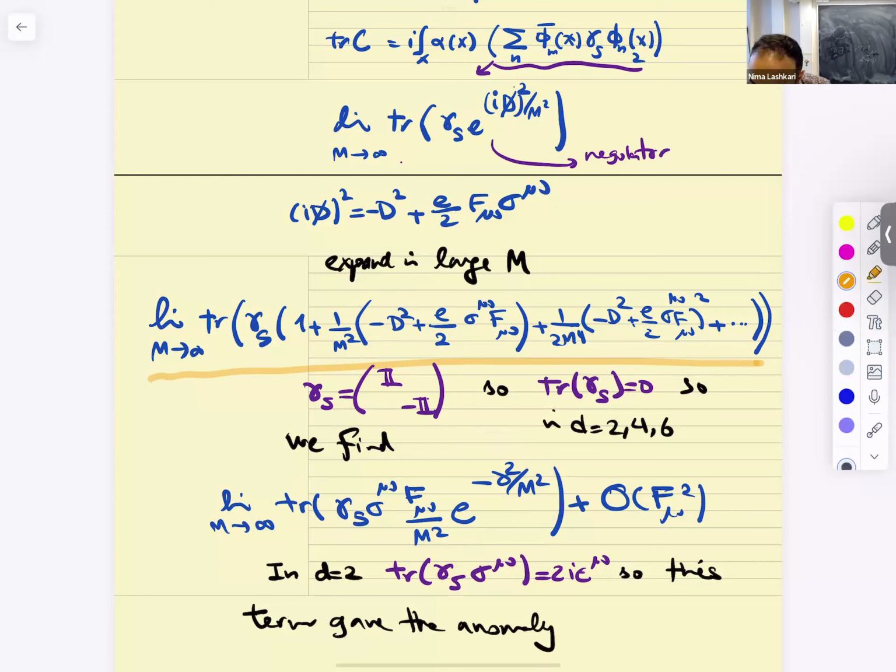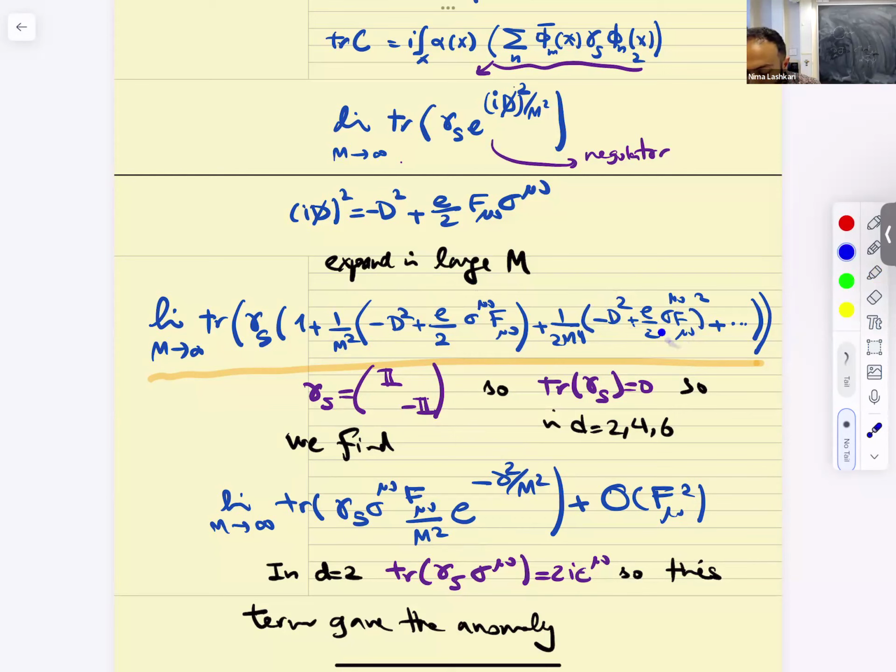Actually, so what are the remaining terms? This term is D squared gamma 5. That term drops out too. Right? So I have this term that remains, because these have epsilon μν indices. This term drops out as well.